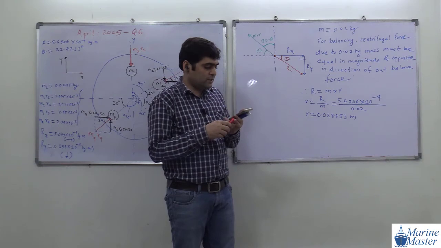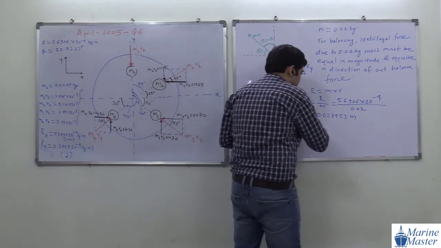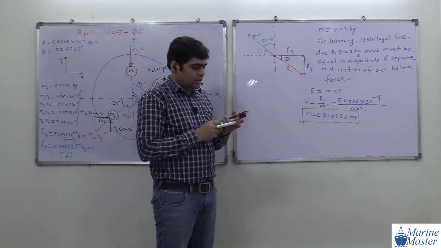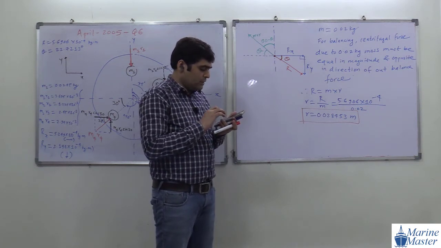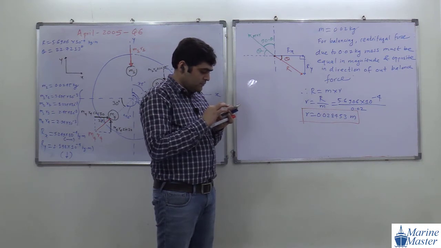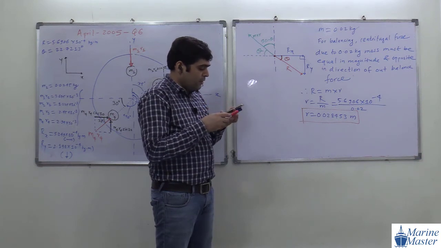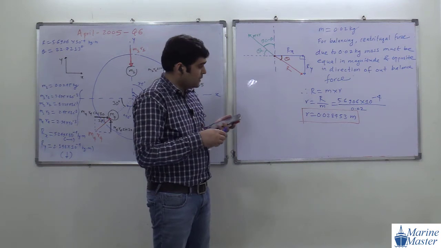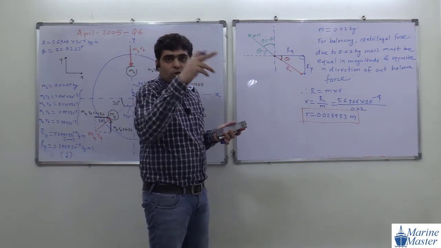So this is the radius of the 0.02 kg mass. And then what will be the angular position? What will be the angular position guys? 90 minus theta, counterclockwise direction.